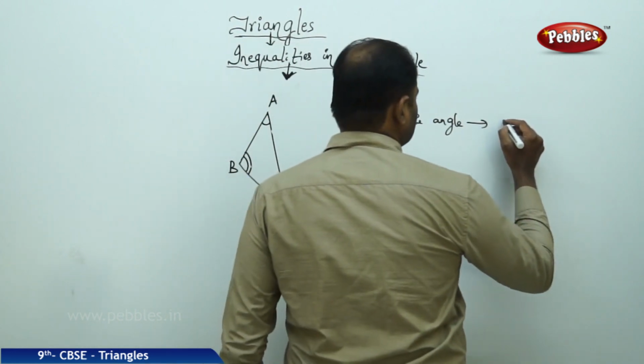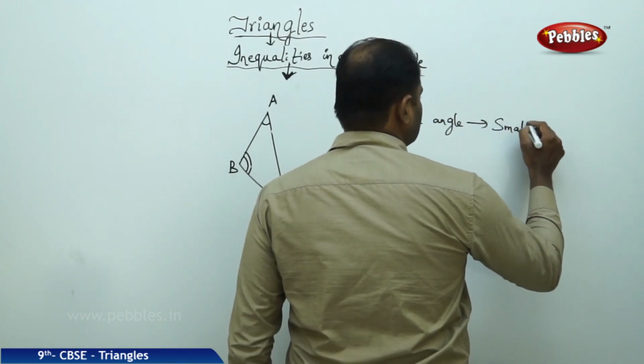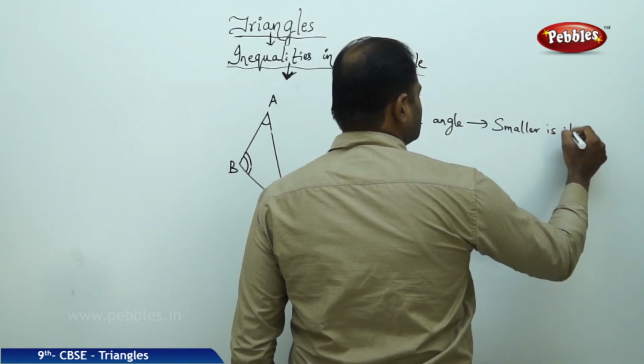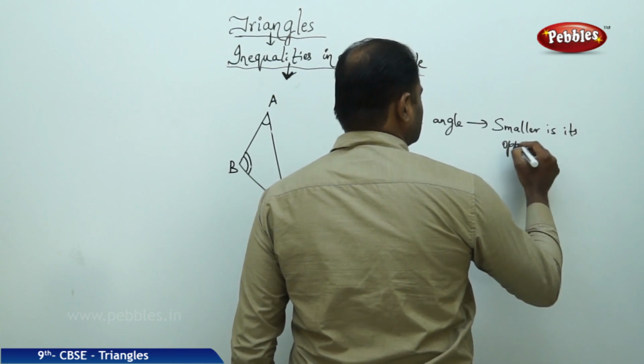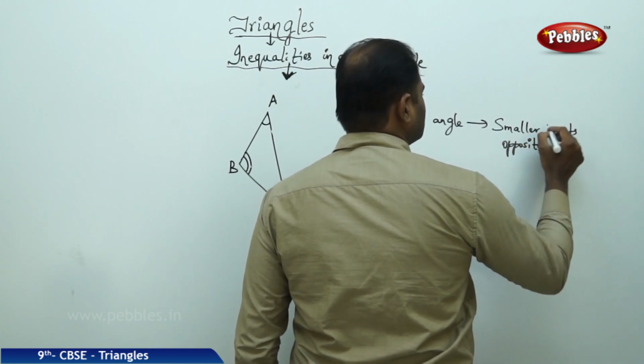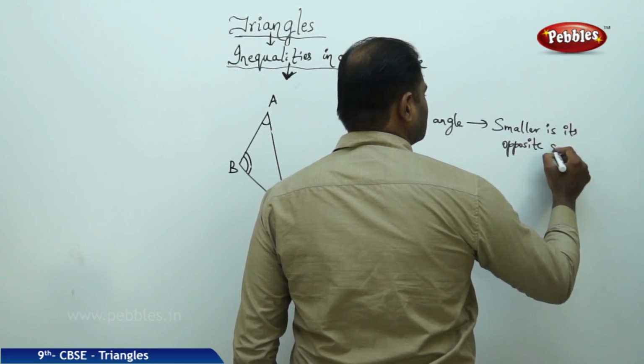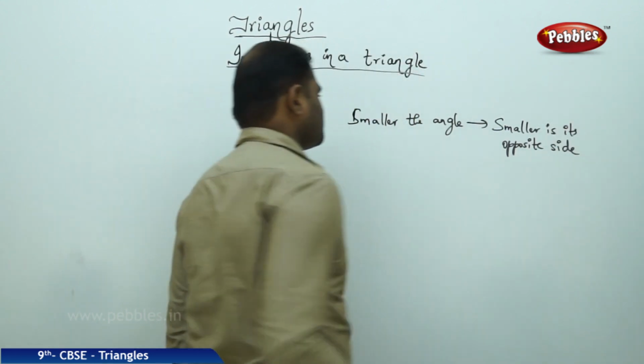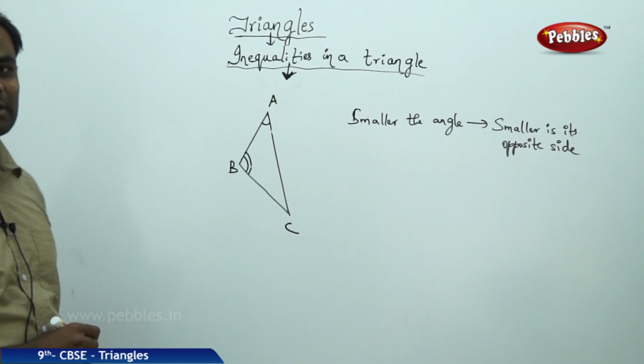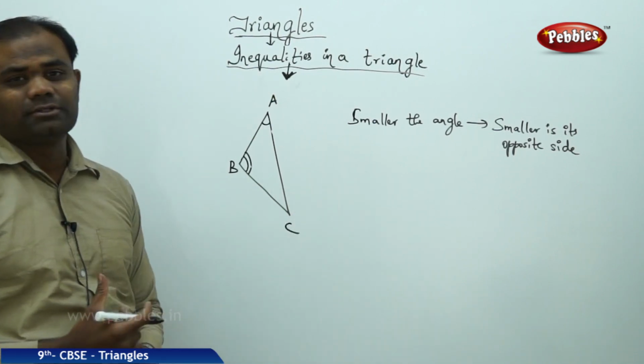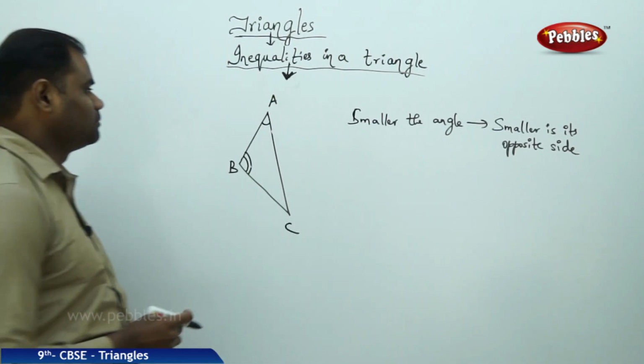Smaller the angle, smaller is its opposite side. And similarly, larger the angle, larger is its opposite side.